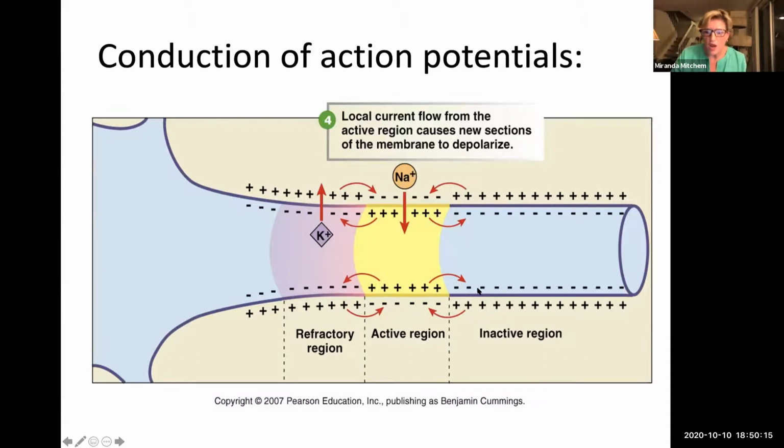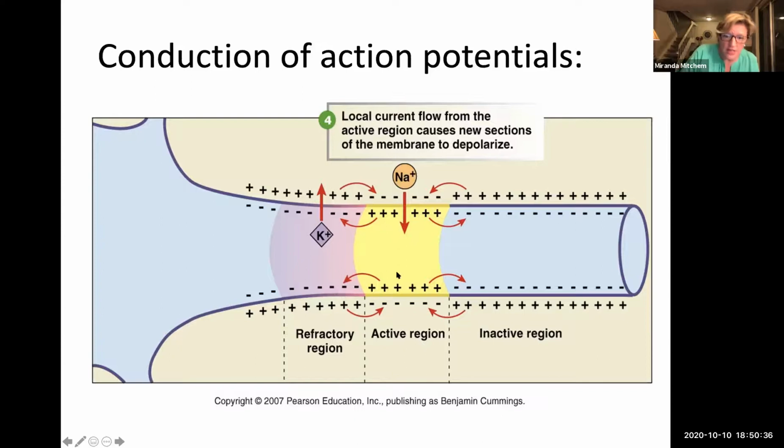Because the region right next door to the sodium is negative, that sodium is going to move over to it, attracted to that negative charge, driving it away from where the active region is. So as it drives it this way, it's taking it into an inactive region.